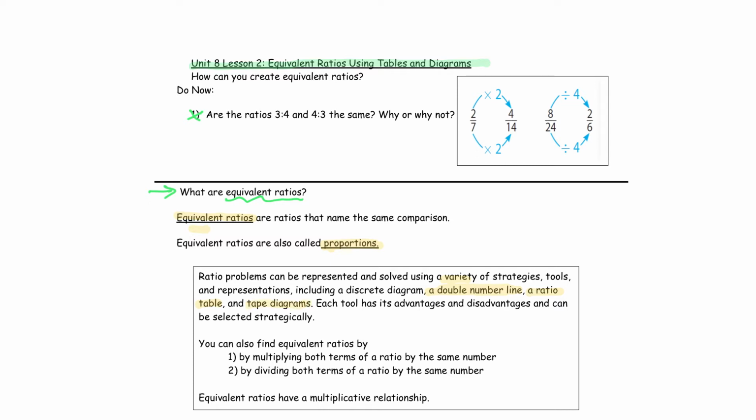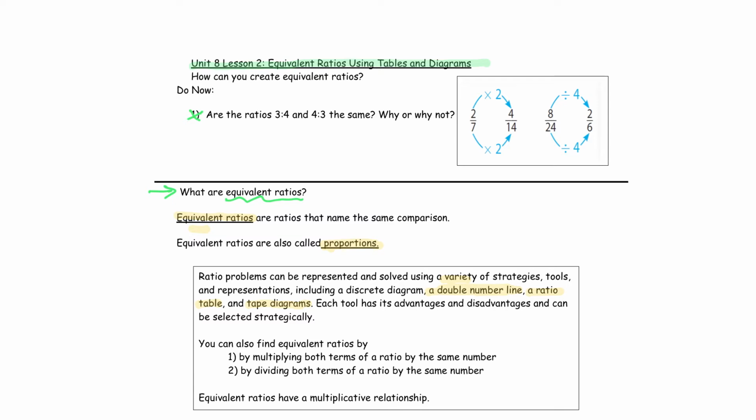Each tool has its advantages and disadvantages, and can be selected strategically. As you can notice here, boys and girls, there's a lot more reading involved, but it's just a discussion of some of the tools and the strategies that can be used to help us set up equivalent ratios.